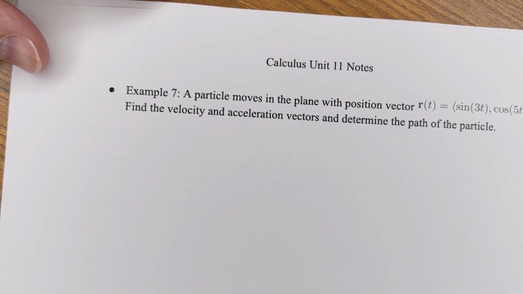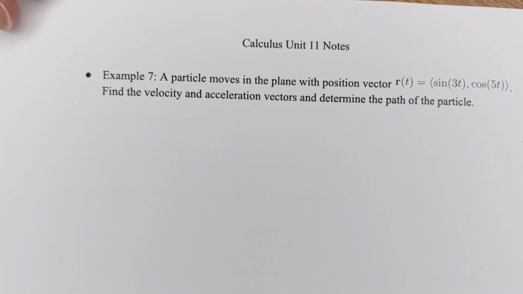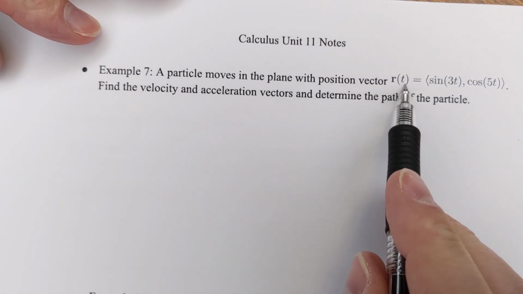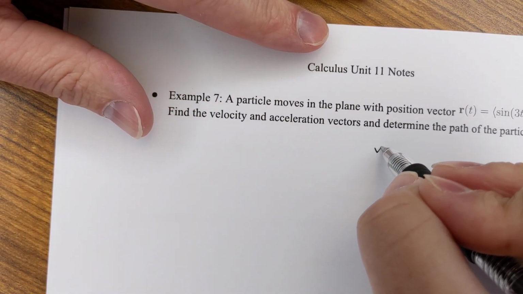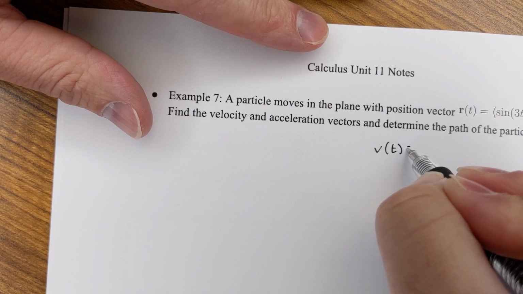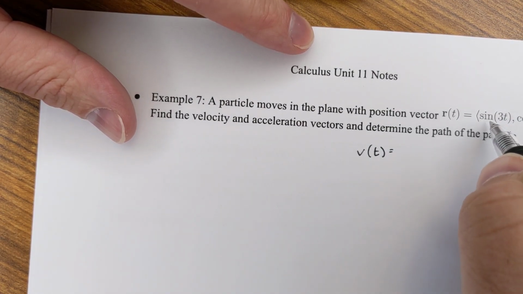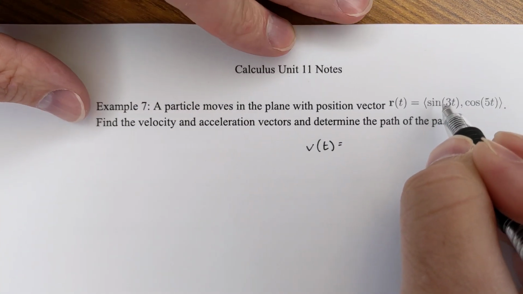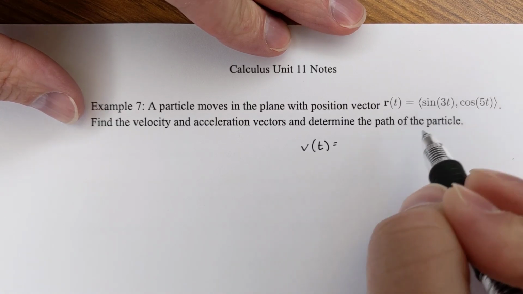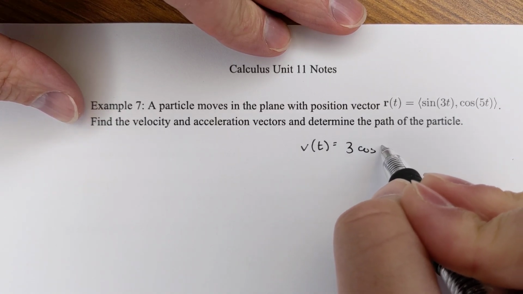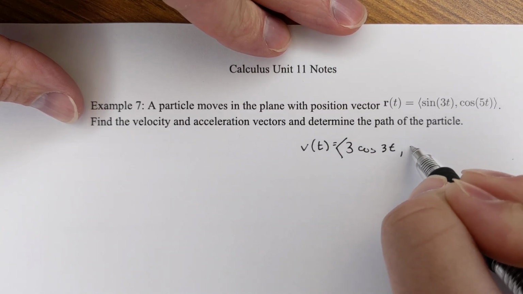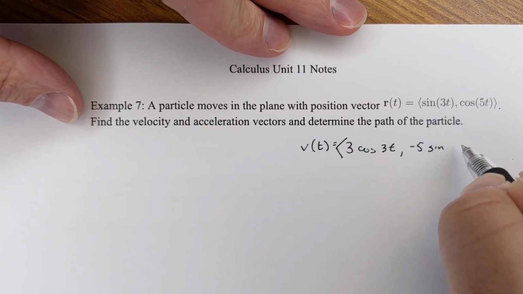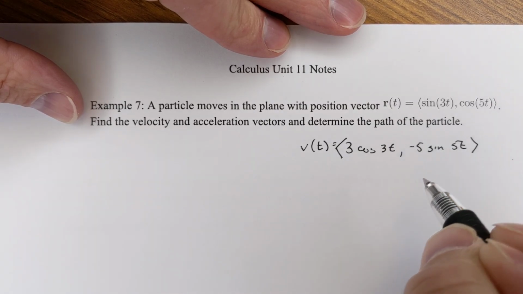All right, example 7. A particle moves in the plane with position vector, blah, blah, blah. Find the velocity and acceleration vectors. Well, the velocity vector is the derivative, so that's going to be the derivative of sine, which is cosine. So it's going to be 3 cosine 3t, comma, the derivative of that is going to be negative 5 sine 5t.